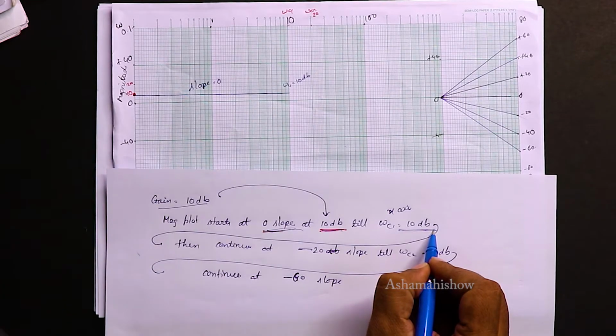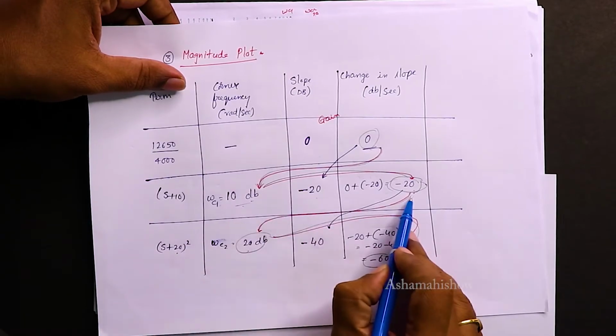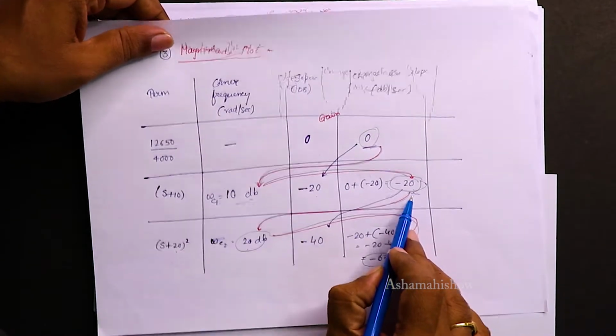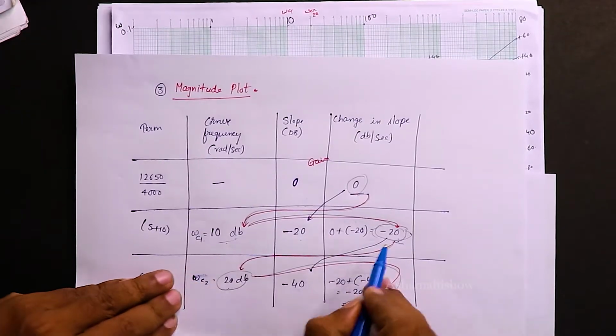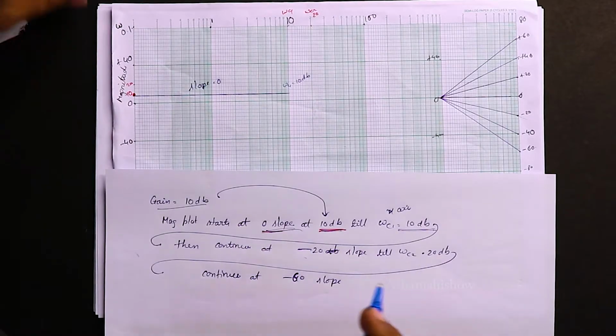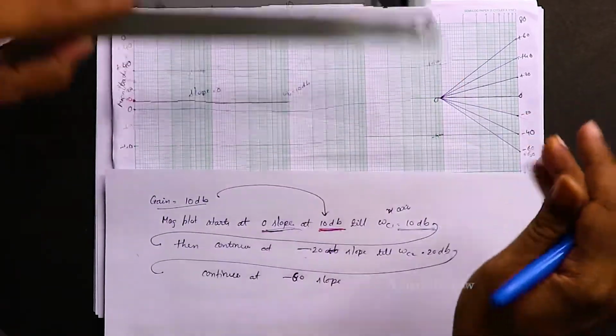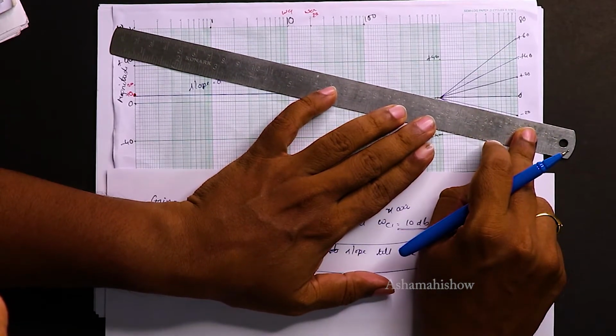From 10 dB, my slope has changed to minus 20. Okay, and minus 20 till what point? Till omega C2, which is 20 dB. So omega C2 is 20 dB. Now the slope is minus 20, so I'll take a minus 20 difference here.